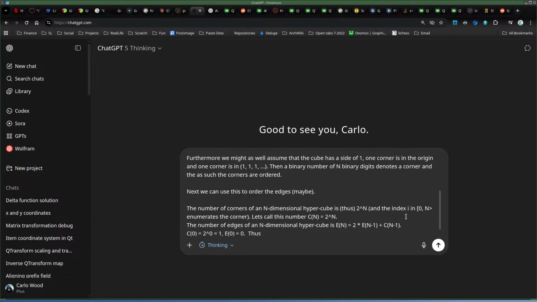Thus, because C is trivial, E1 is 2 times 0 plus 2 to the power 0, well, plus C0, is 1, which is correct, because in one dimension the hypercube is just a line piece, so that should be 1.